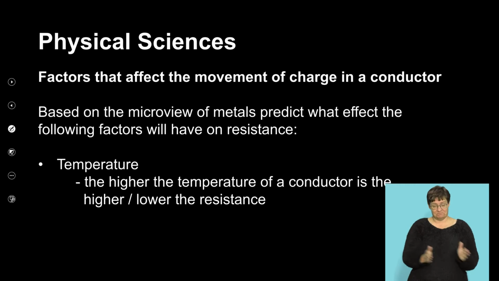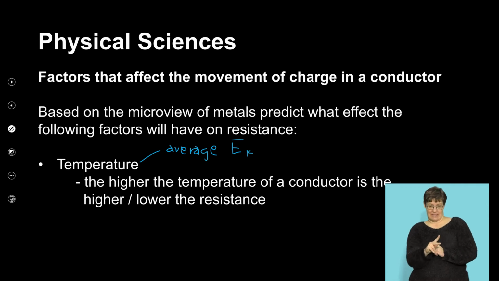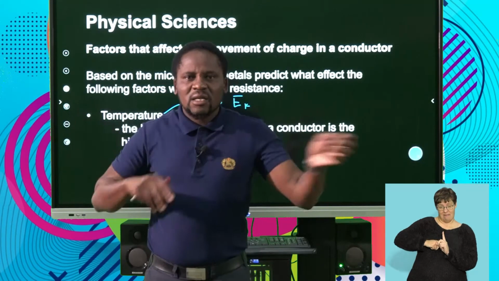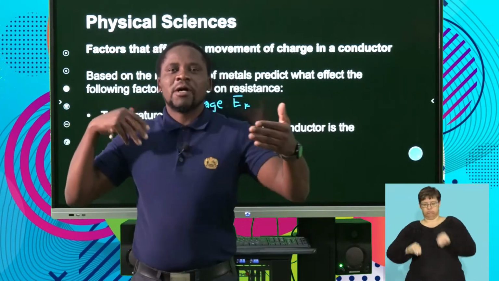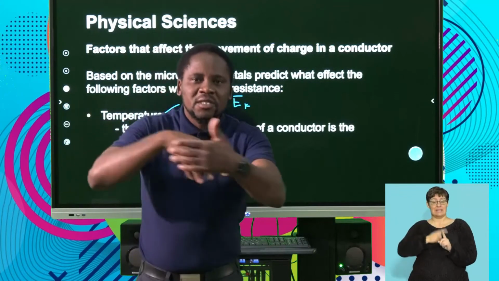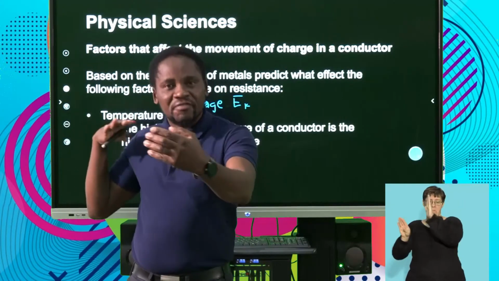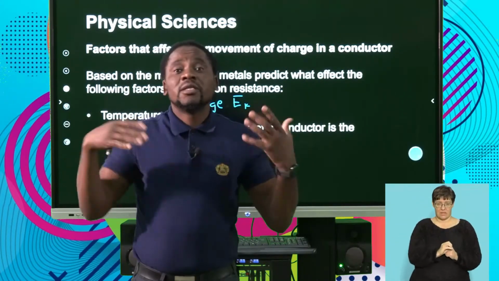And then based on temperature, we have said that temperature is actually the average kinetic energy of particles of a substance or a material. So we are saying that at a higher temperature, what is actually happening? There is greater haphazard random movement. So at a higher temperature, there is bound to be greater disruptions or collisions which prevent the ease of flow of those charges.